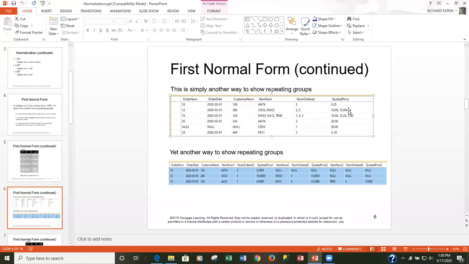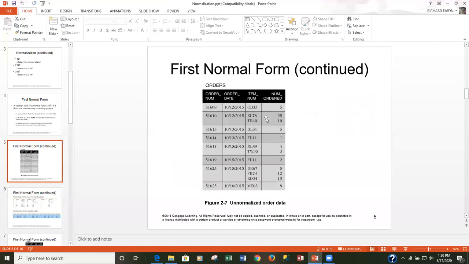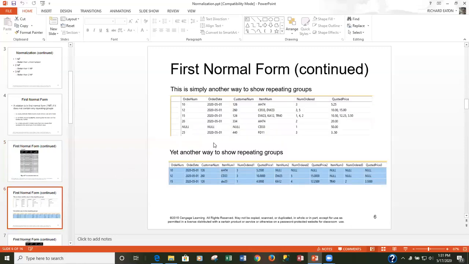Actually, let me back up here again to this one. In this particular scenario, in order for us to put in a 25 and a 10 in this column, we have to make it character data because we can't write numeric data with a 25 and then a new line and a 10. The database just won't do it. So we might say, well, what about this technique right here?